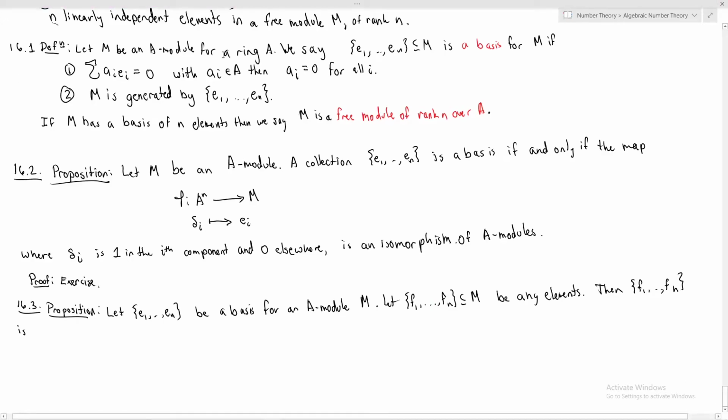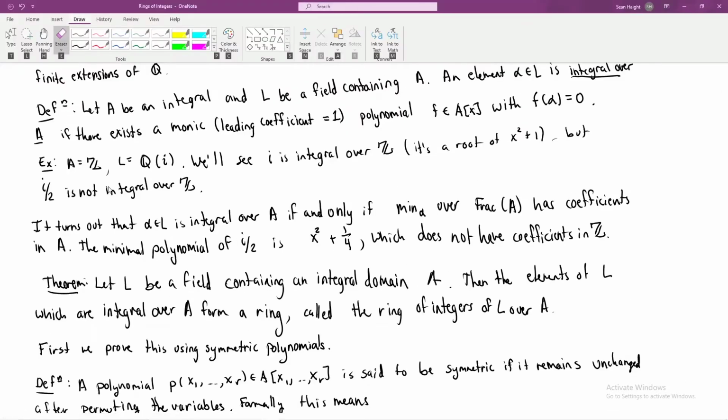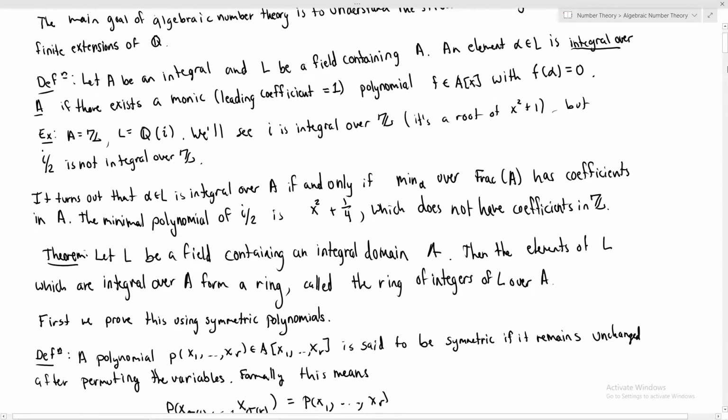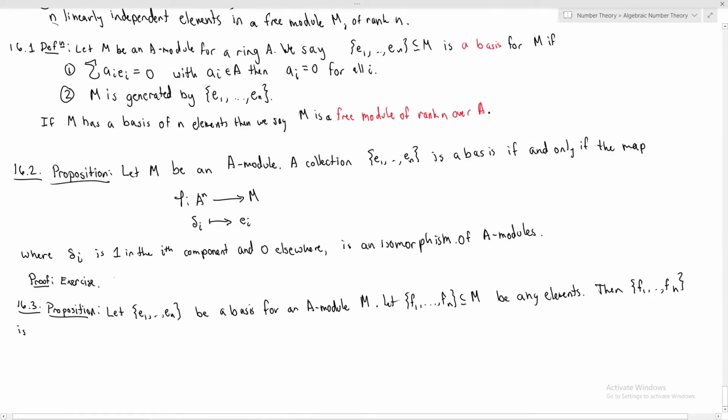Okay, this collection is a basis if and only if the change of variable matrix B equals B_ij is invertible.